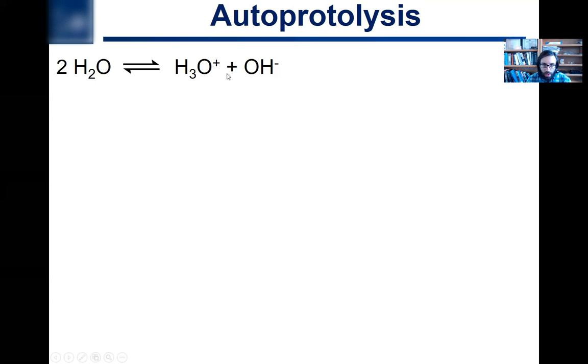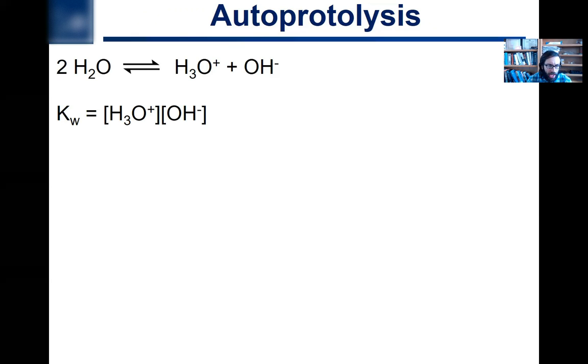Two molecules of water will essentially be constantly interchanging to give you the hydronium ion and the hydroxide ion. And this sets up the boundary conditions, as we'll see later on in the chapter, of how water works and how it can facilitate acids and bases.